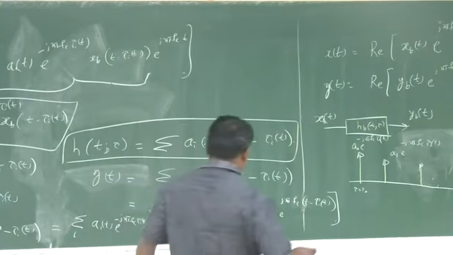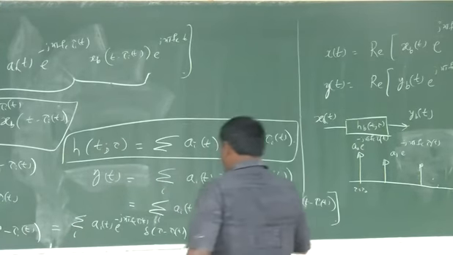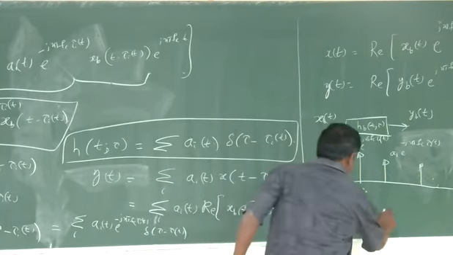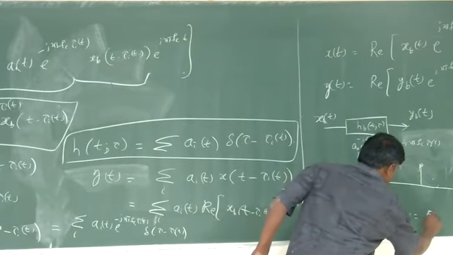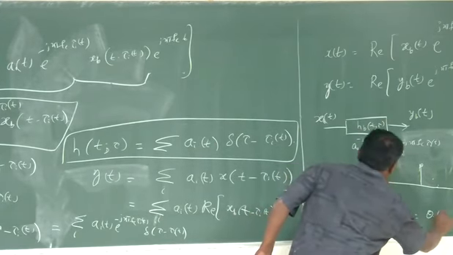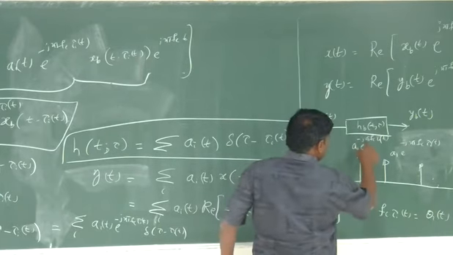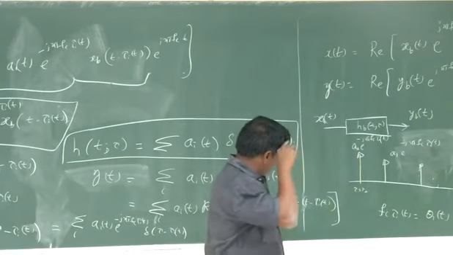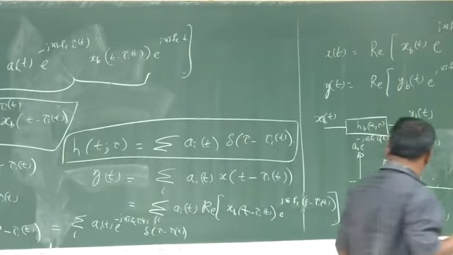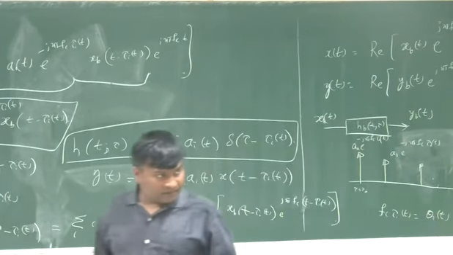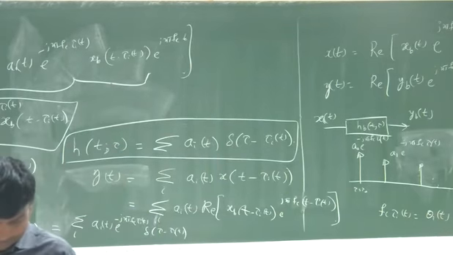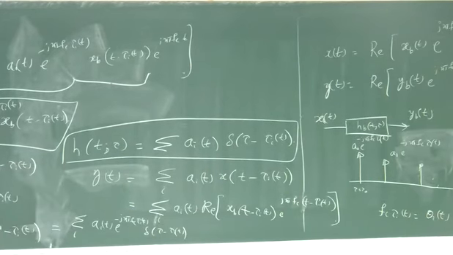And if you write f_c times tau_i(t) as theta_i(t), then we can call it a_i e to the power minus j 2 pi theta_i. Okay.